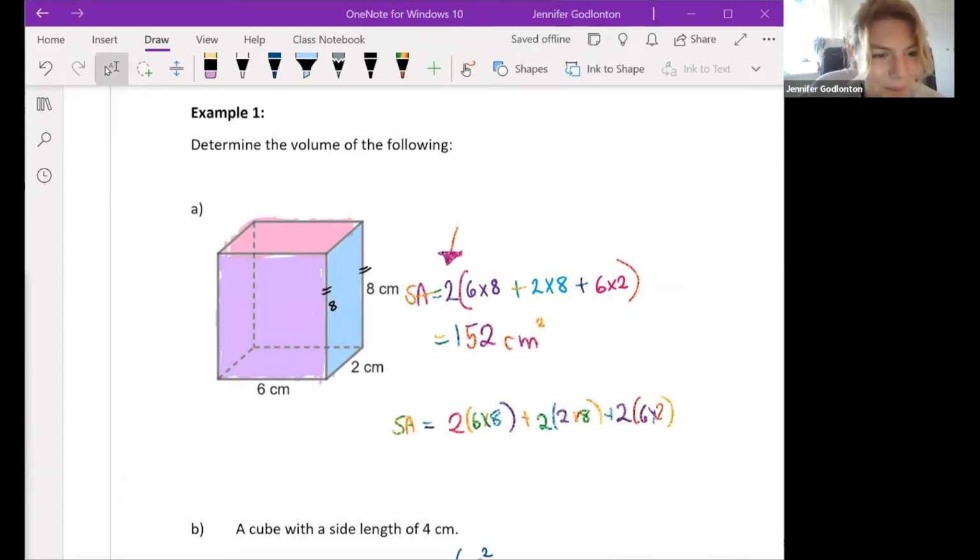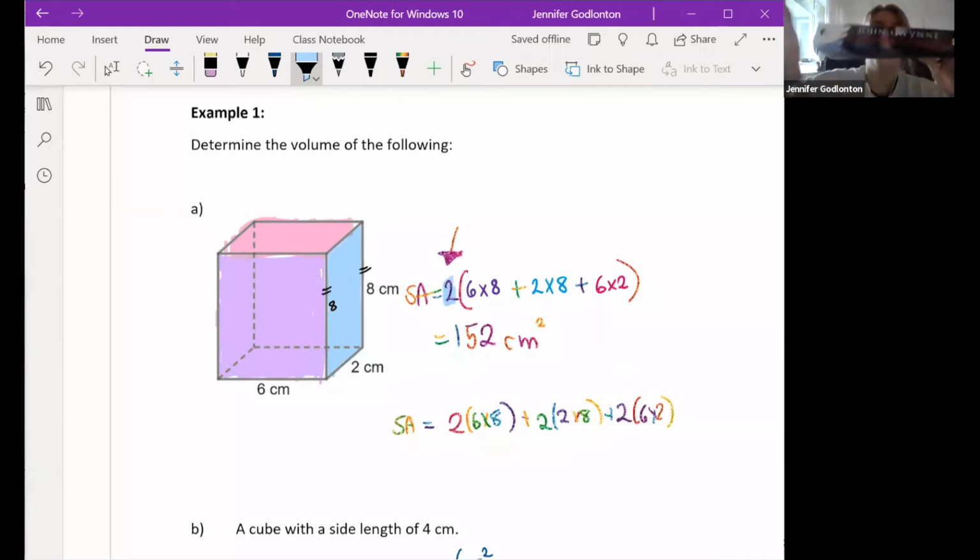Okay, why was it 6 times 8? Okay, so the reason we times this by 2, the reason that this 2 over here is so important is this is when you have to think about this book situation. Okay, so at the moment, if you worked out the purple, pink, and blue, we're only working out half the book.